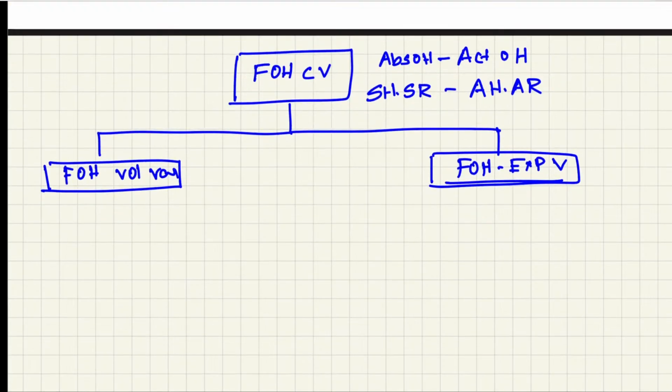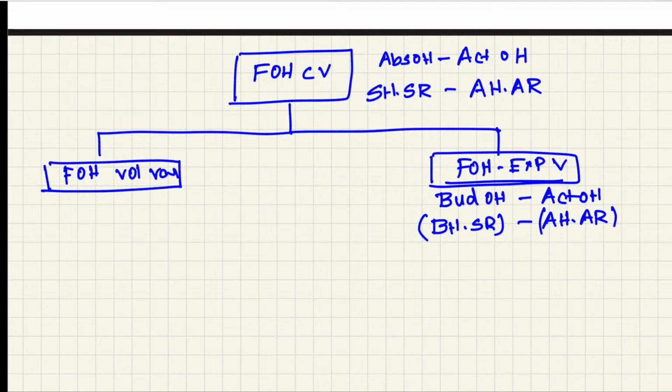Now let's come to the expenditure variance. Expenditure variance is the difference between budgeted overhead minus actual overhead. So the formula for this will be budgeted hour at standard rate minus actual hour at actual rate.